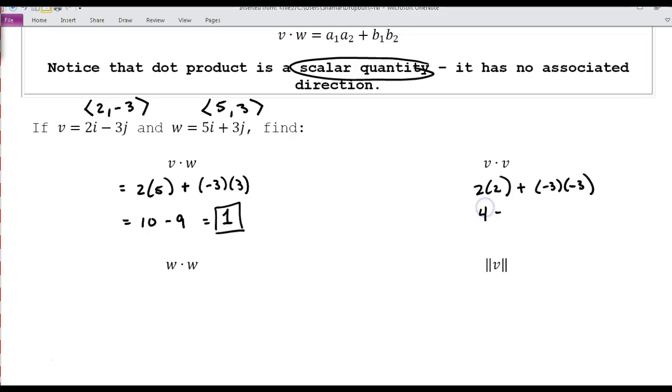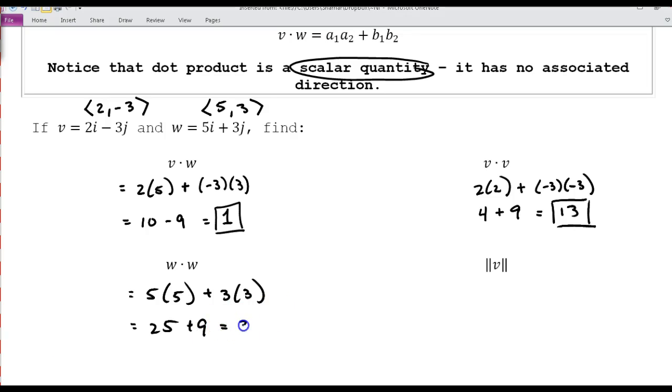So we get 4 plus 9, or 13. All right, now let's try w dot w. So that's going to be 5 times 5 plus 3 times 3, or 25 plus 9, which is 34.